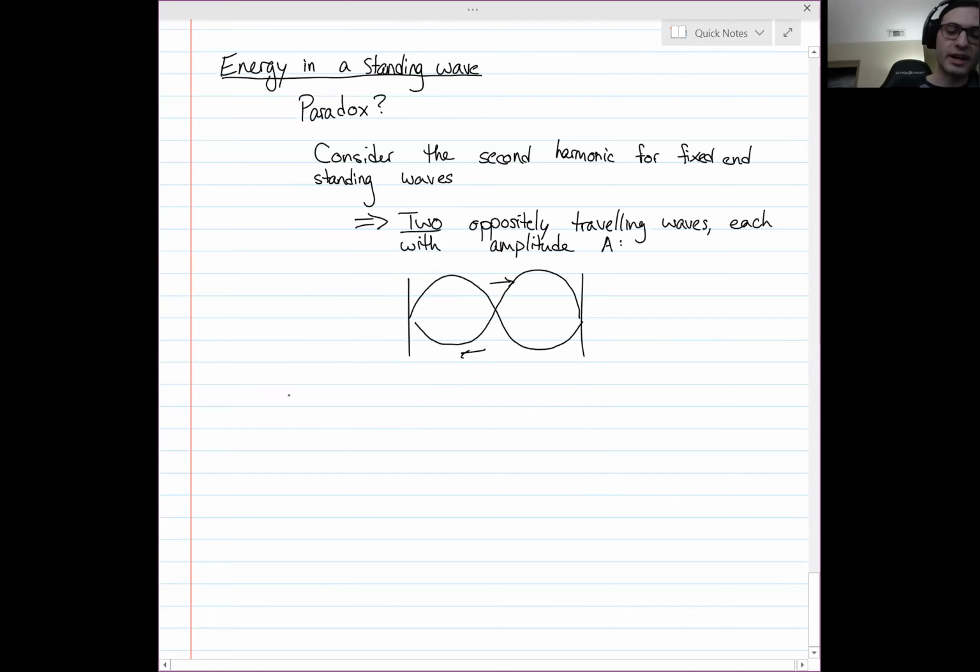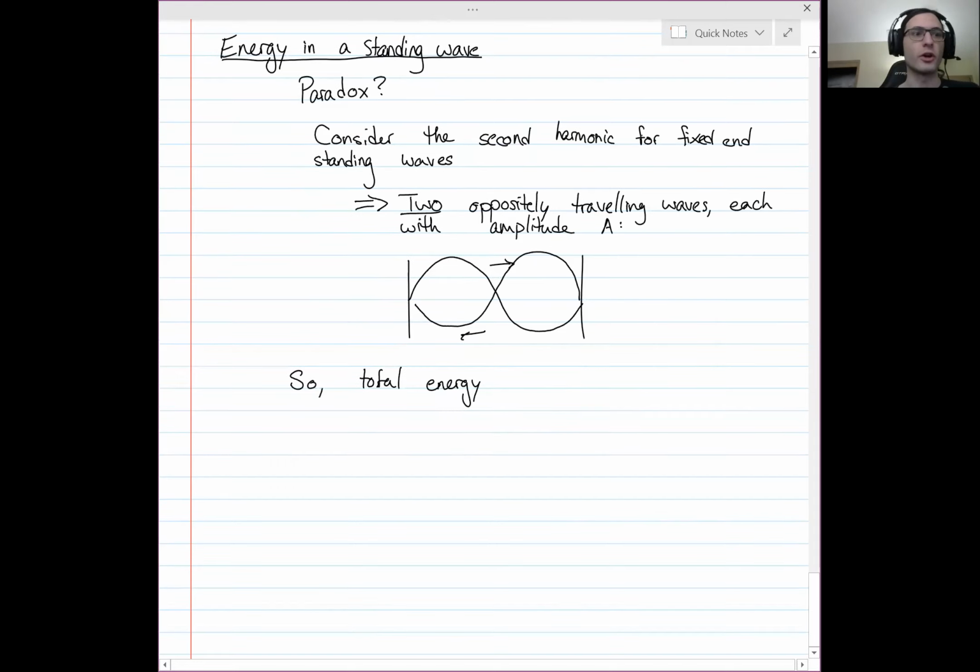So you might say the total energy, we already know that the total energy is proportional to the amplitude squared, right? That's a thing that we learned earlier. But we also know that energy is conserved, by the way. So the total energy should just be the sum of the energy of each of the waves.